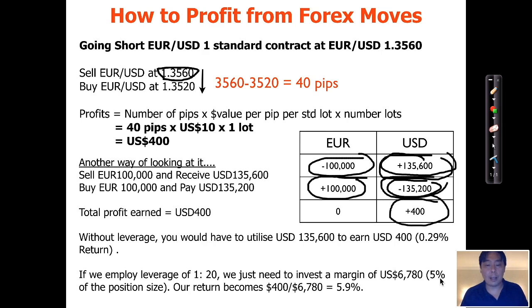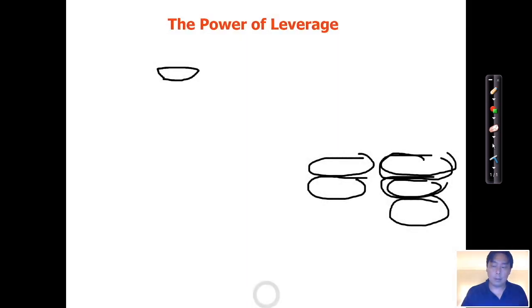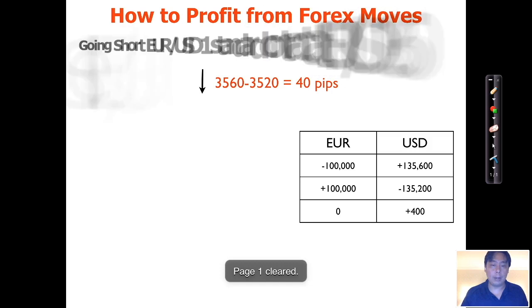Okay, right? So 5% of 135 grand is $6,000. So with $6,000, we can buy this position, or rather sell it and buy it back, and we're making $400. So $400 over, oops, it's too fast. $400 over, let's go back to that.